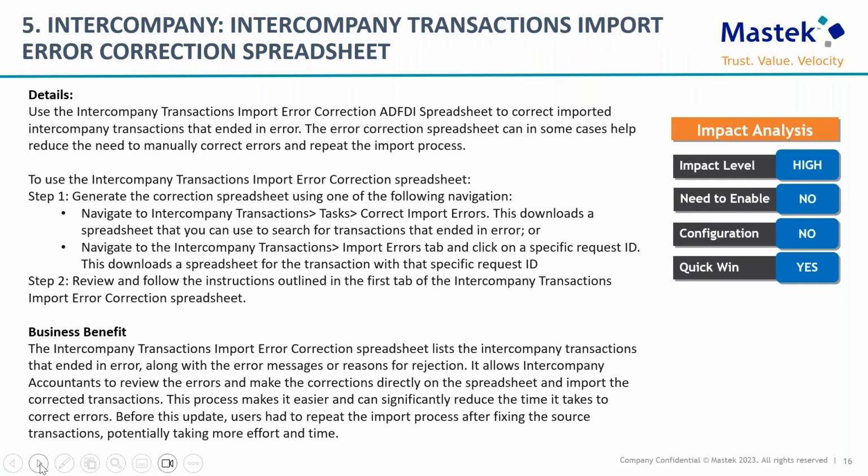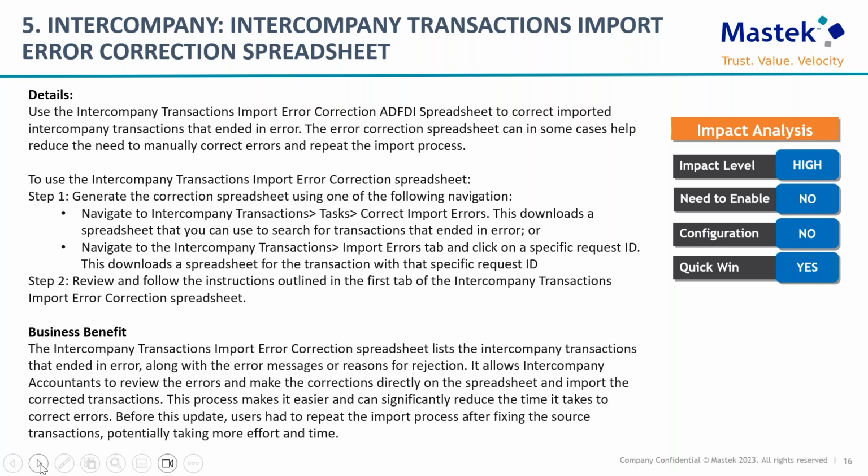The next feature is from the intercompany module, which is intercompany transactions import error correction spreadsheet. We can correct imported intercompany transactions that ended in error using the intercompany transactions import error correction spreadsheet.